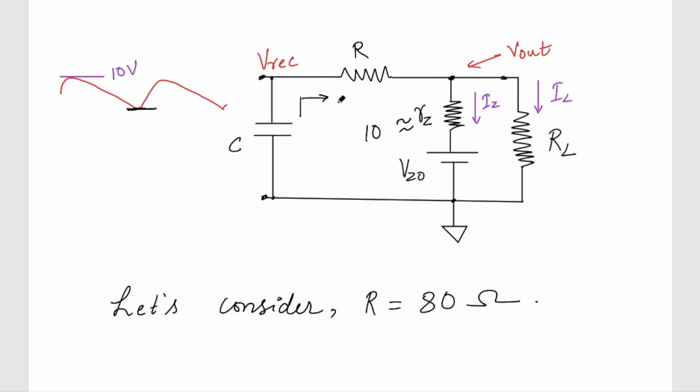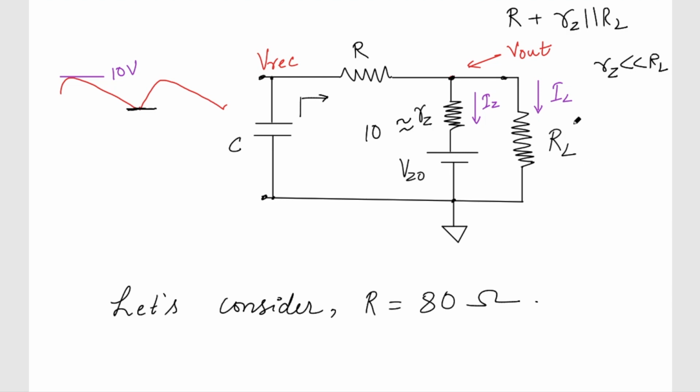So the resistance of this network is going to become this R plus the resistance seen in this direction, which is basically RZ parallel RL. This is the Thevenin equivalent resistance. So the impedance looking through this is approximately R plus RZ parallel RL. And because my RZ is much smaller than RL, as I was mentioning, this will be more than 200, right?